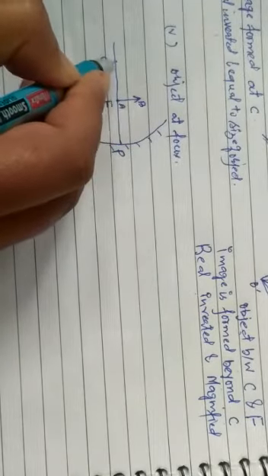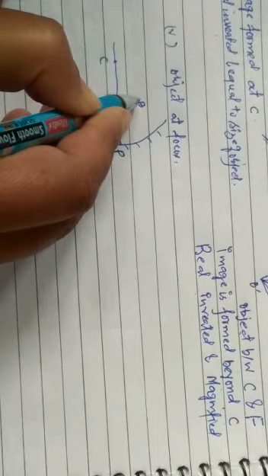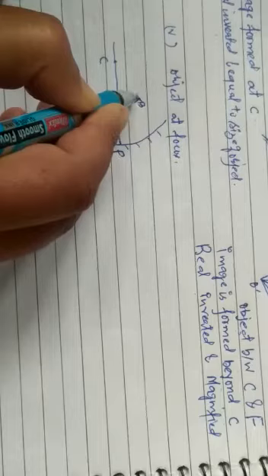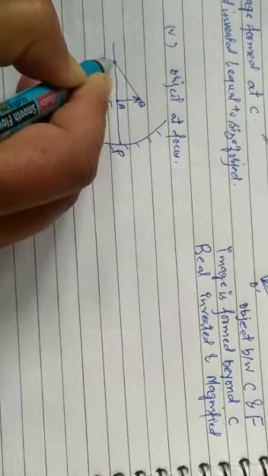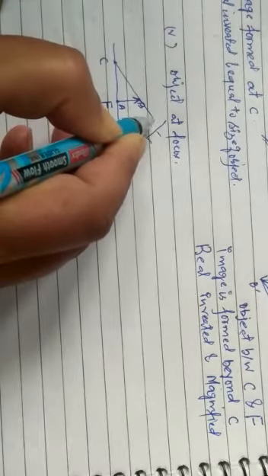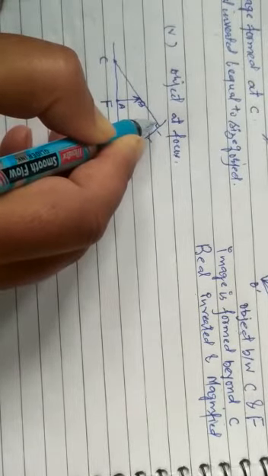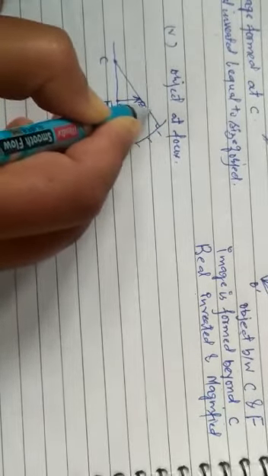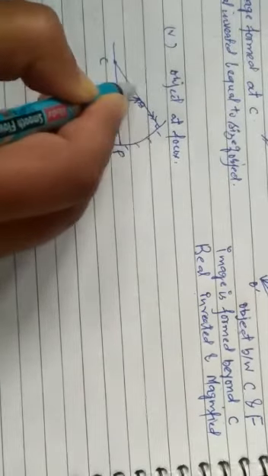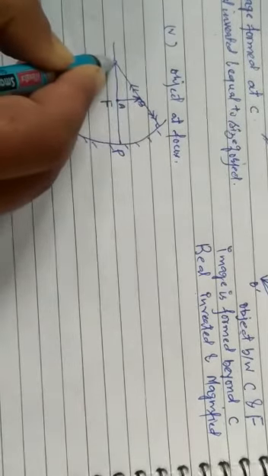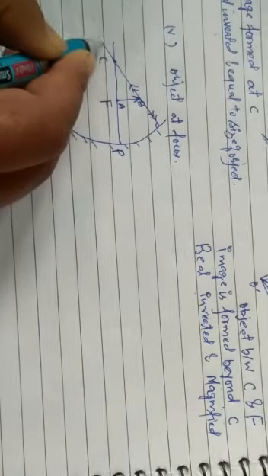Let me take one ray like this, which passes through the center of curvature. It is incident at an angle of incidence equal to 0. It is normal incidence. So it is incident like this, it is reflected like this. So it moves straight.